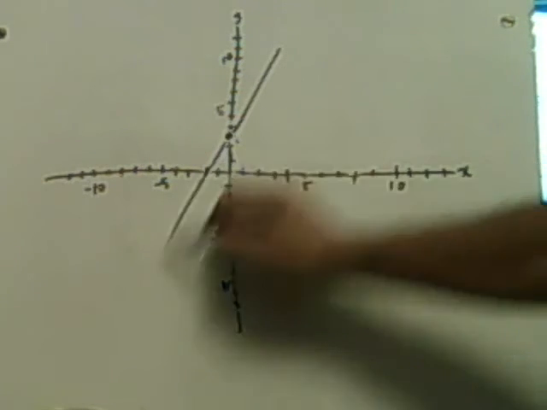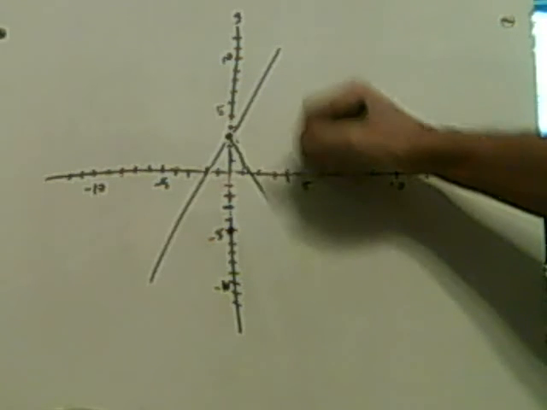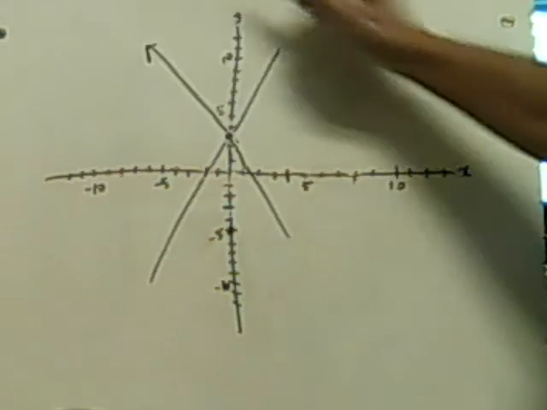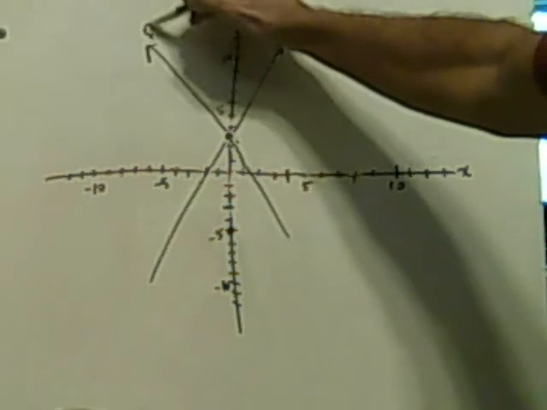And it's a line that looks like this. Okay. Another one intersects at 3, 1. And it looks like it's going the other way. I'll call this line A. I'll call this line B.